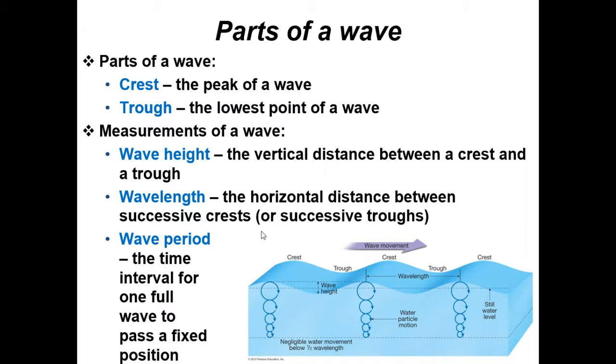So you start the clock when one of the crests goes by you. Then you stop the watch when the next crest goes by you. The time that it took for that one wave to go by is your wave period. So it's the time interval for one wave to pass a fixed position.